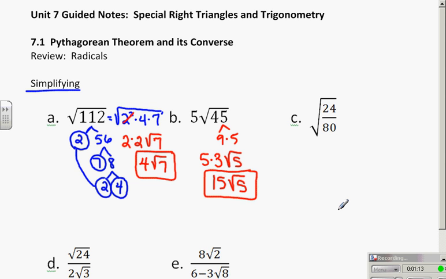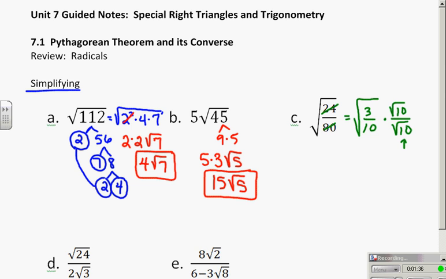When I have a fraction, I can go ahead and simplify within the fraction first as long as there's no addition or subtraction. 24 and 80 have a common factor of 8. Now remember, I cannot leave a radical in the denominator, so I need to rationalize this denominator by multiplying by radical 10 over radical 10.